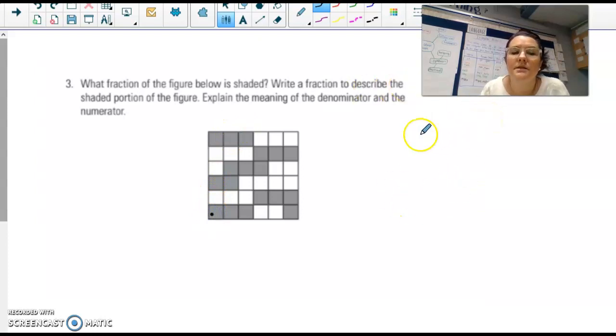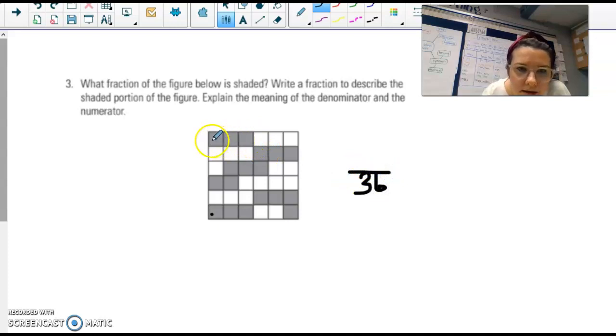So 6 times 6, I know that 6 times 5 is 30, and then 6 more would be 36. So I have 36 total squares, so that's going to be my denominator.